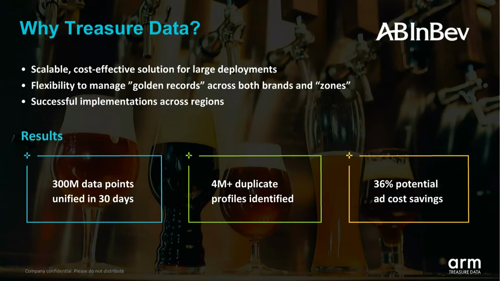But in that one unification process, we were able to deduplicate about 1 million profiles. And that meant a lot to them, specifically in the area of cost of acquisition, because what that meant is that they weren't spending incremental dollars for impressions that they didn't need, right? They weren't hitting up the same person 3 or 4 different times. So that meant about a 36% potential ad cost savings to them, and they are seeing those types of results right now.